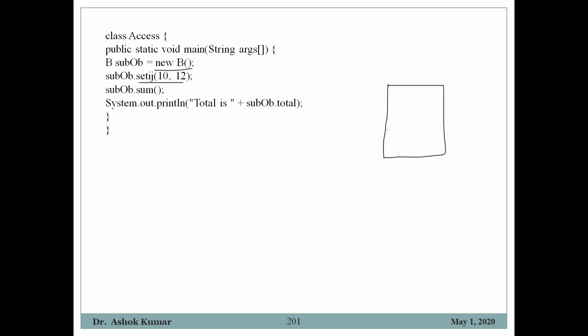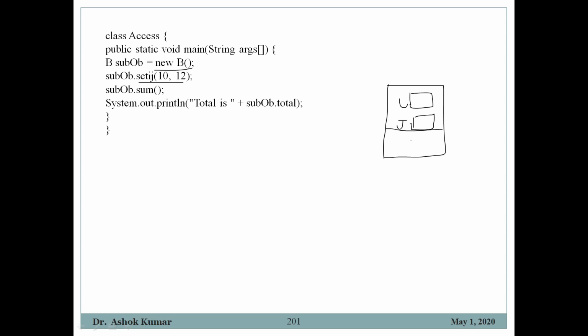So this is the object of its superclass. So it has two members, i and j. i will be available in the object, j will be available in the object, but it is private. It cannot be accessed through the subclass methods.